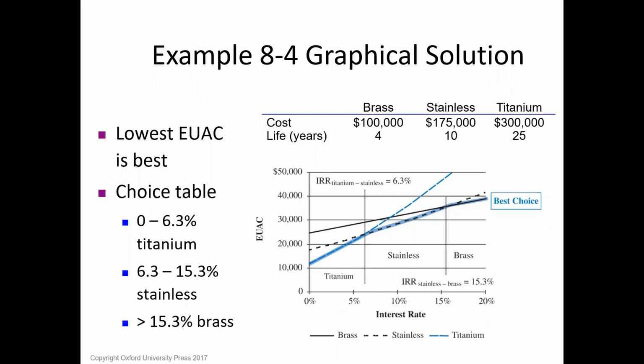If we look at yet another example graphically, this one has the brass and stainless pipe. This time we're also looking at titanium. So 3 different materials, different life years. Titanium, as we know, has a better life, but it's costly. Is it worth it? Well, we have to look at the lowest equivalent value, which is the best.